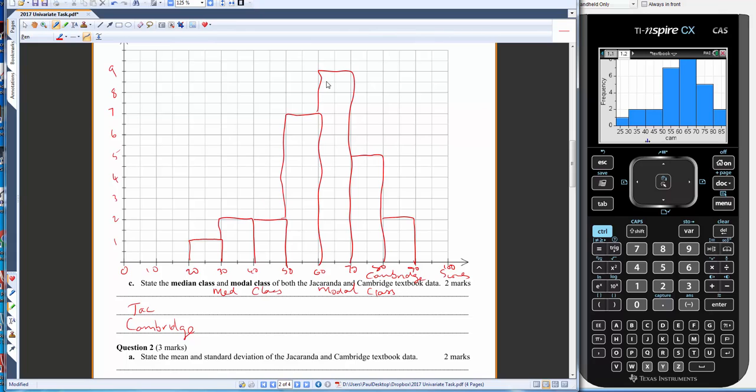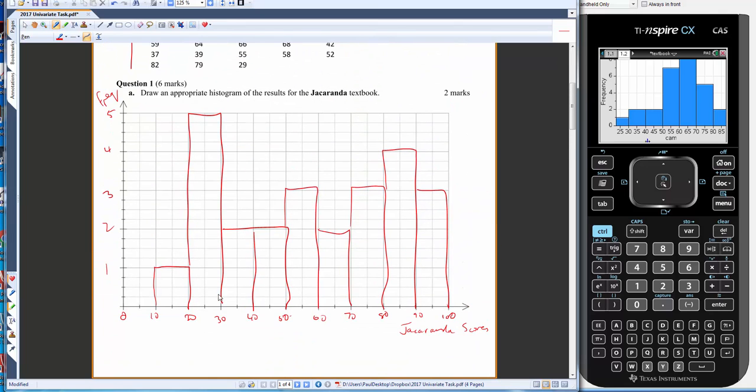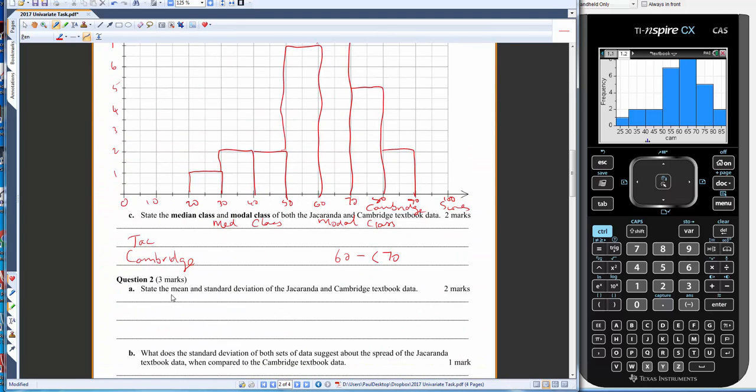We can clearly see that this class came up the most often, 9 times: 60 to less than 70. Let's write that in. And we'll go back and check the Jacaranda. The Jacaranda data had a modal class that happened 5 times, between 20 and 30. So 20 to less than 30.